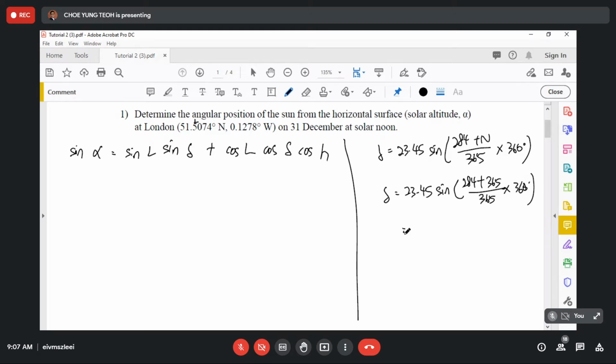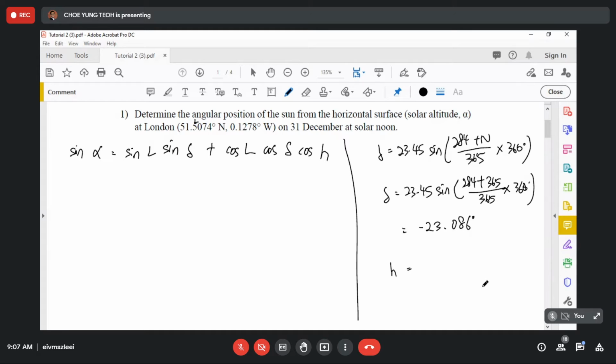Can you give me your answer if you get it? Negative 23.086. Okay, once you get delta, I think the next one is H. H refers to the hour angle.